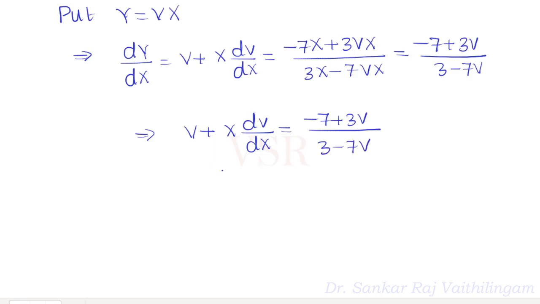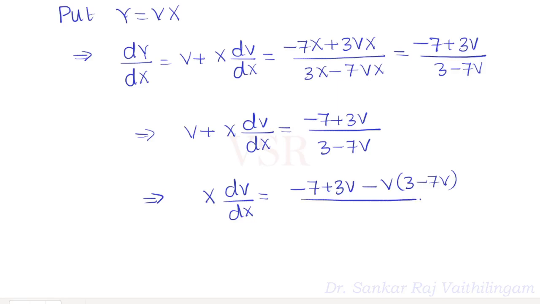So x into dv by dx is equal to minus 7 plus 3v minus v into 3 minus 7v, the whole thing divided by 3 minus 7v.